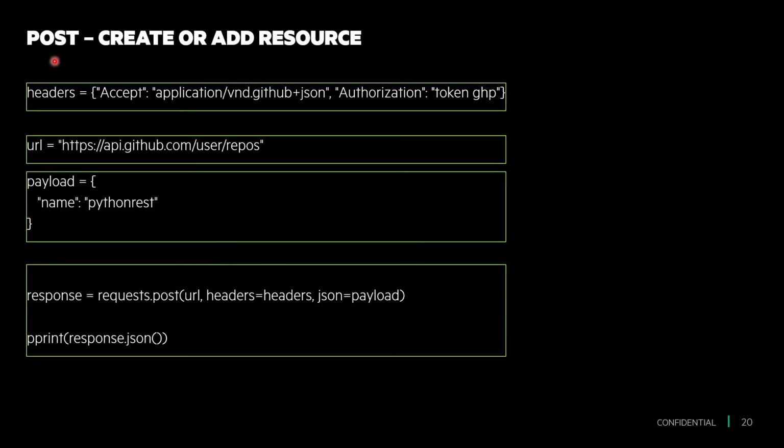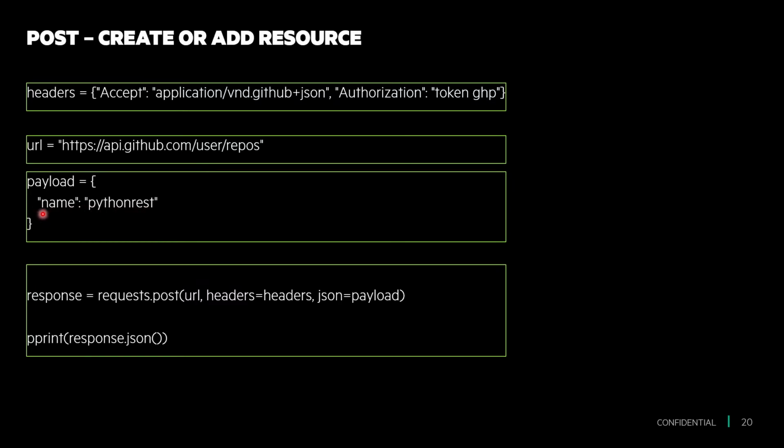Now we can talk about creating a new resource. Maybe we want to create a new repo itself. So we grab the URL, and now we know the headers. In this one, the payload will be different. We want to create a new resource, the new repo, and I want to give the name of the new repo as Python REST.